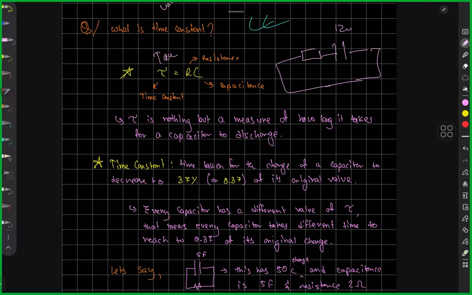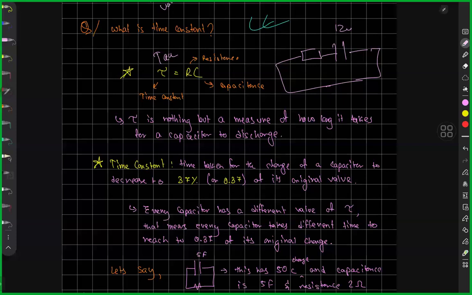By the way, tau doesn't mean how long it takes for the full capacitor to discharge. No, I'll explain what it means. Don't consider tau as the total amount of time needed for any capacitor to discharge. That is not the definition. But basically, tau increases with increase in resistance or amount of time needed for discharge. What amount of discharge, I'll explain later.